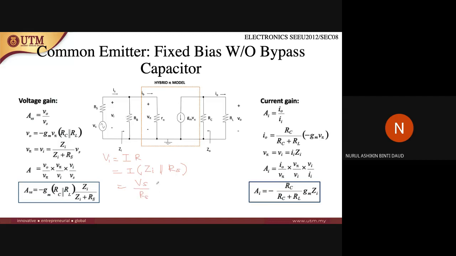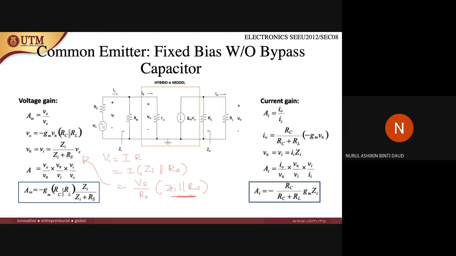So VS over RS, so Zi RS, and then get the value. Try, you will get this value: Zi VS over Zi plus RS. Because I'm not calculating this value, right?